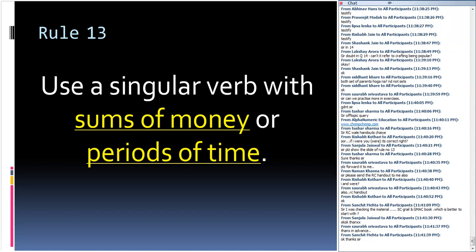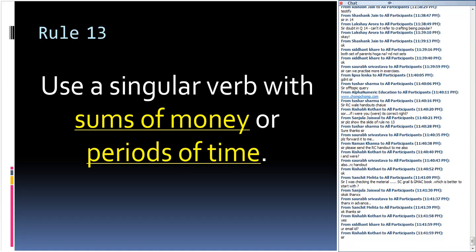Okay, what else? If there is anybody who has any other query, yeah, there was one query. Rishabh, you are asking how I and were got used? Rishabh, are you there? Yes. Okay.